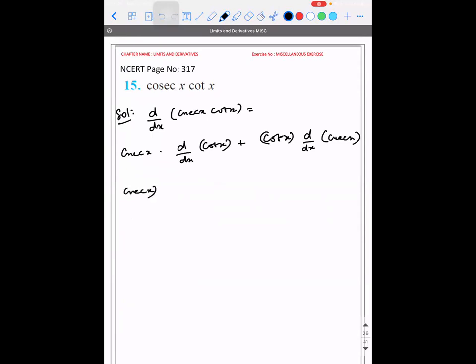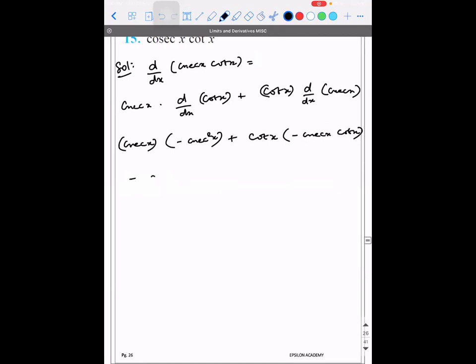So cosecant x into derivative of cot x is minus cosecant square x, plus cot x into derivative of cosecant x is minus cosecant x cot x, right? So it is minus cosecant cube x minus cosecant x cot square x. So if I take out minus cosecant x outside, I'll have cosecant square x plus cot square x.